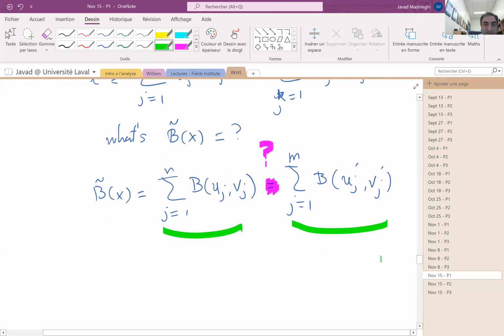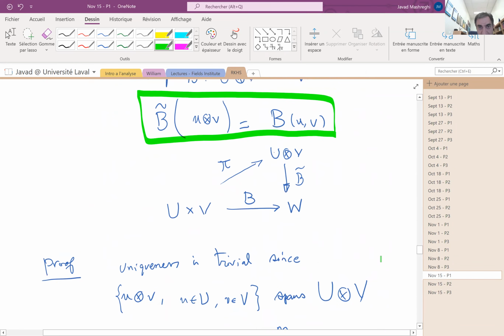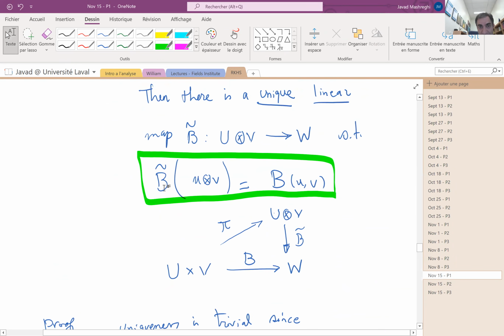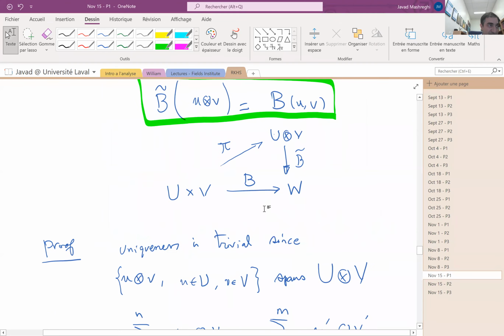And here is the way to do it. I do not start with this definition. I do it differently.